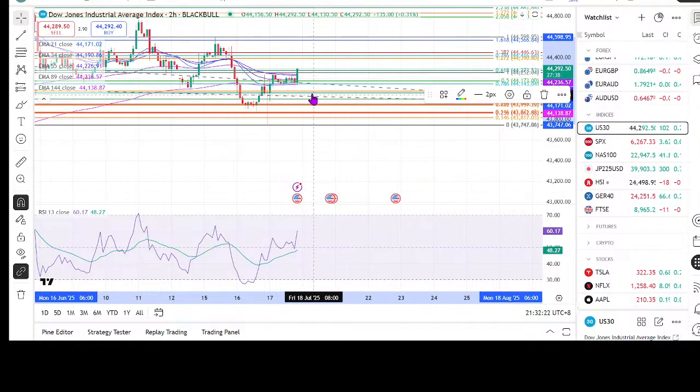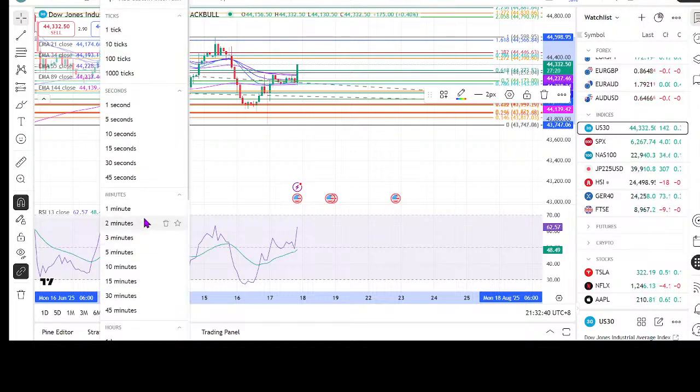Okay, the hourly says market has still got strength to go up towards that 390 and 415.